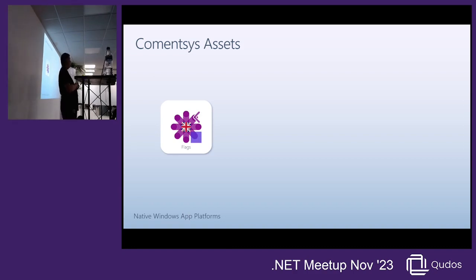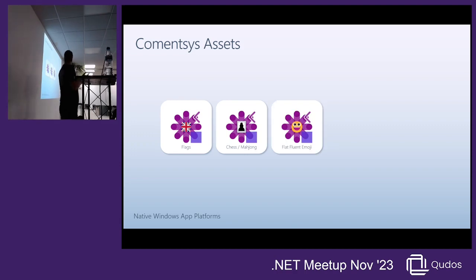All the flags of the world are in there, in square and rectangle. We've got all the chess pieces, open source from Wikipedia. Also all the Mahjong tiles as well, because you never know when you might use them. Fluent emoji, so Microsoft have open sourced their fluent emoji that they use. If you've used Windows 11 or Teams, you've probably seen their emoji.